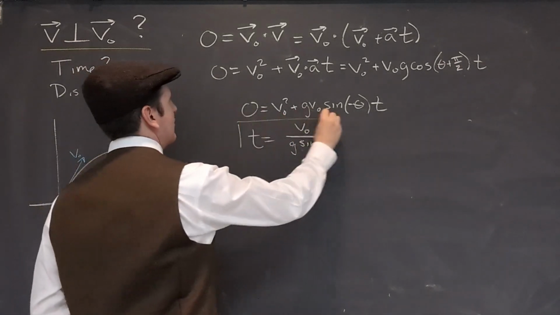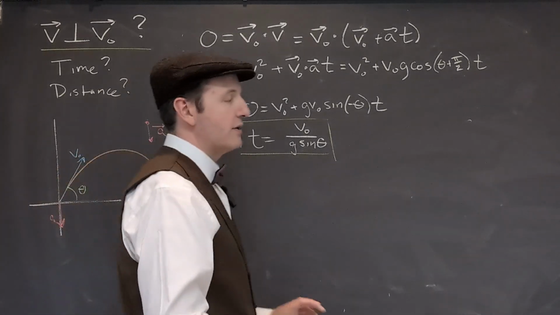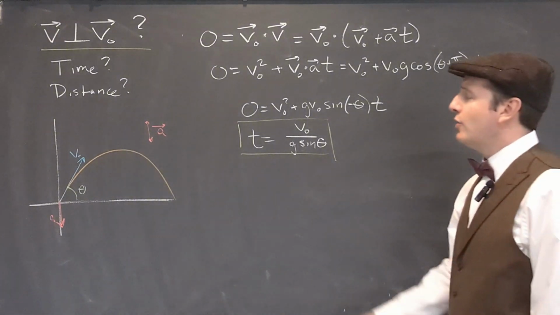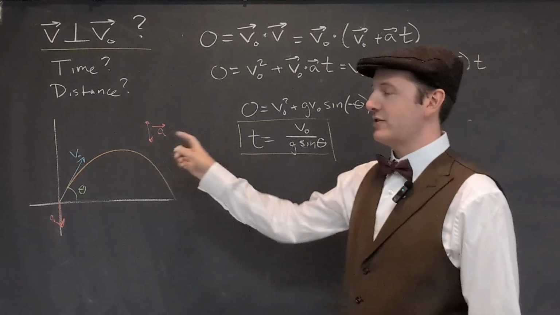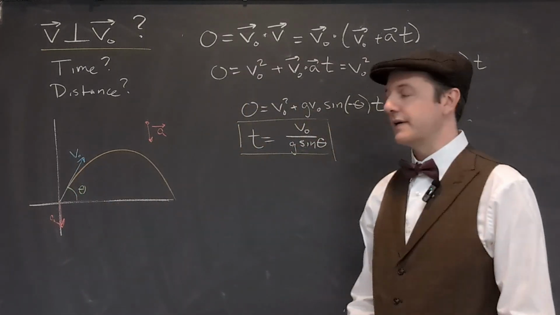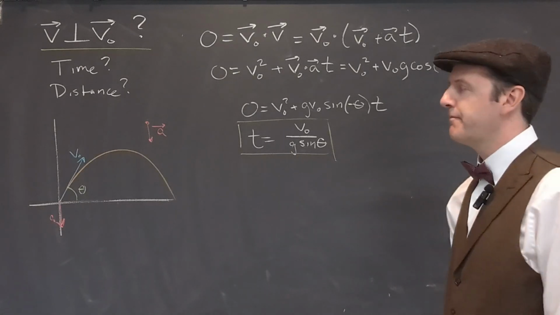At this time in the trajectory, the velocity will be perpendicular to the initial velocity. Notice that that's assuming that it actually makes it there. For example, if for some reason the trajectory ended earlier, it would never find a time when those two velocities are perpendicular.